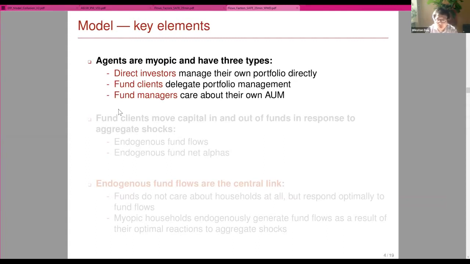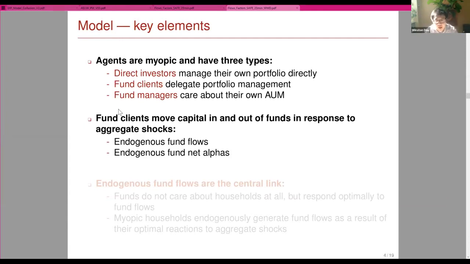Fund managers care only about their own AUMs. They don't care about the fund clients or households at all. So the fund clients move capital in and out of funds endogenously in response to the aggregate shocks, which leads to endogenous fund flows and endogenous fund net alphas in this model.